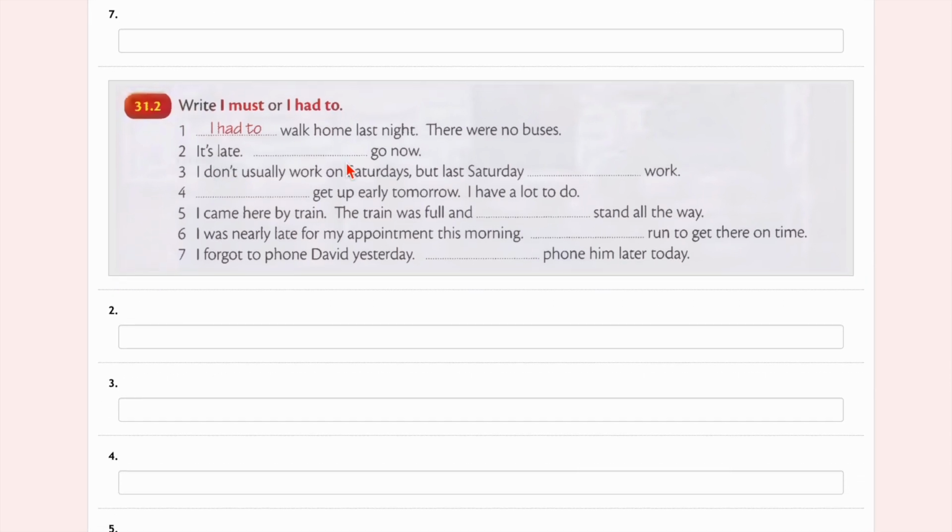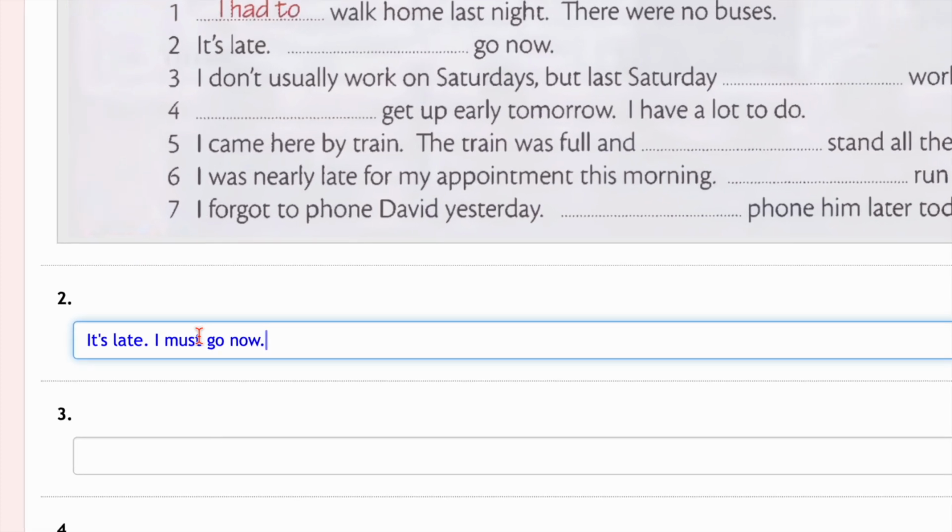It's late. I must go now. Okay. Number 2, for example, you just write it in. It's late. I must go now. That's where we're practicing here.